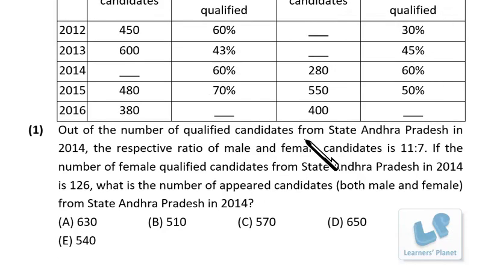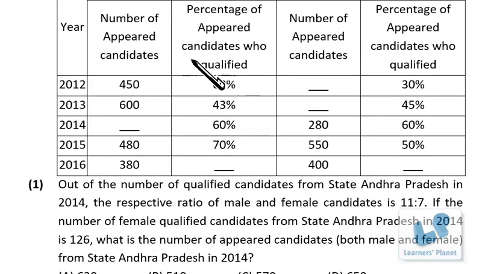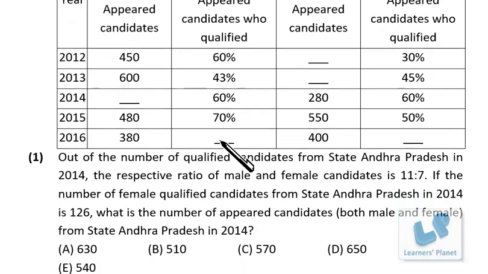Out of the number of qualified candidates from state Andhra Pradesh in 2014, the respective ratio of male and female candidates is 11:7.